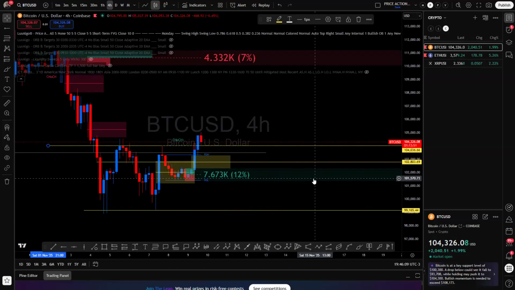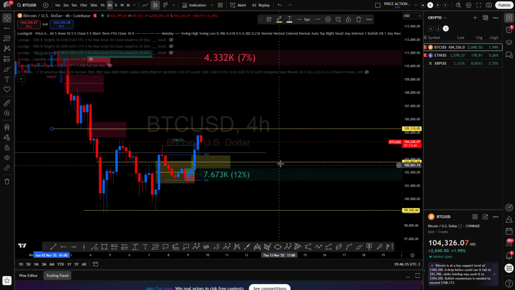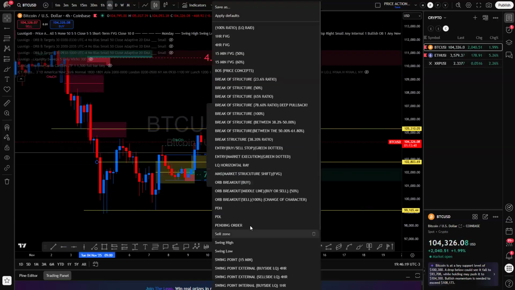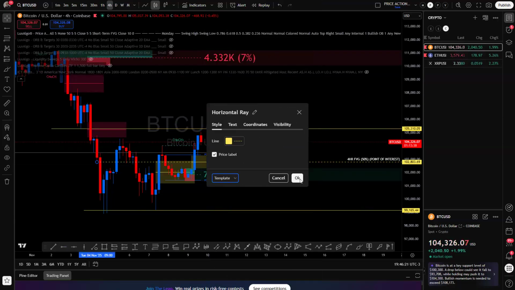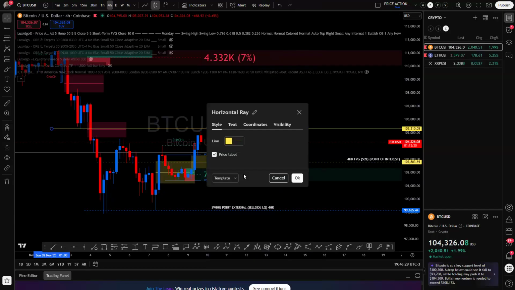Yeah, buy side up here. See, point of interest here. So that's our liquidity in the 4-hour. Then we got buy side liquidity.